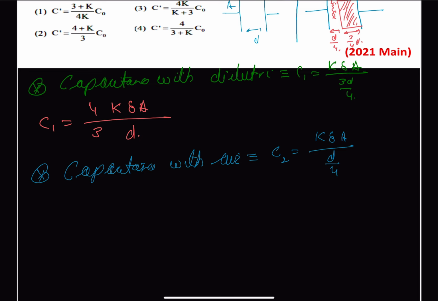Therefore, we get C2 equal to 4 times epsilon naught A upon D, sorry, there is no K.